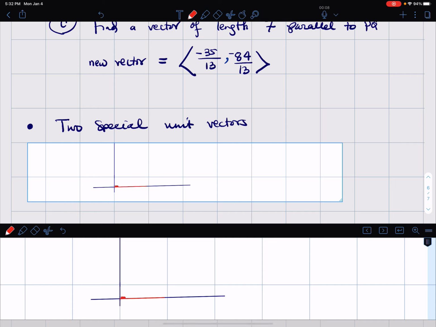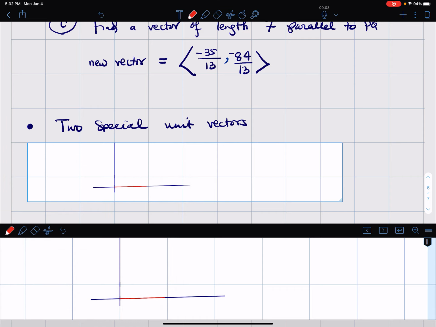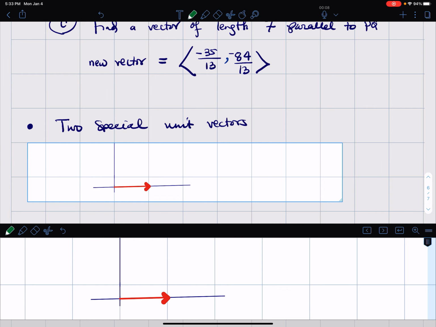Let's make it red, a little bolder. So this red vector, and we have a green vector. Okay.